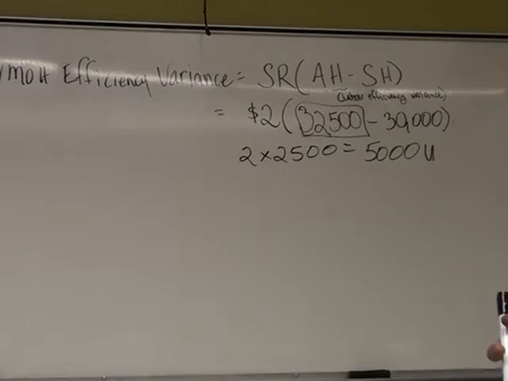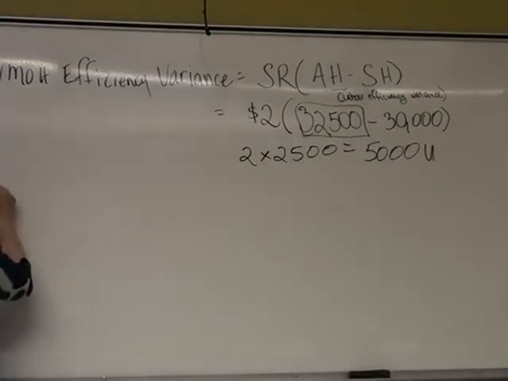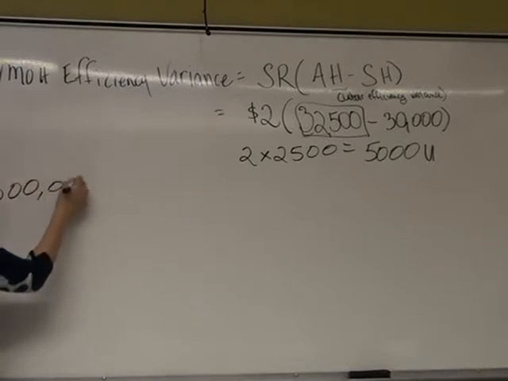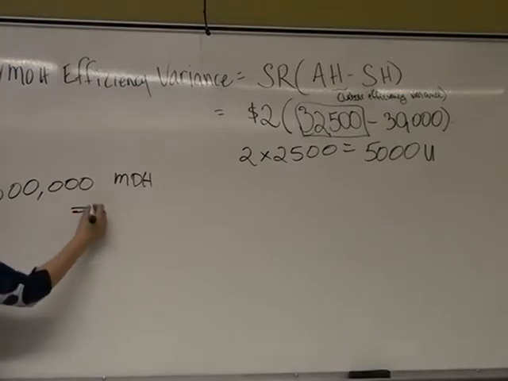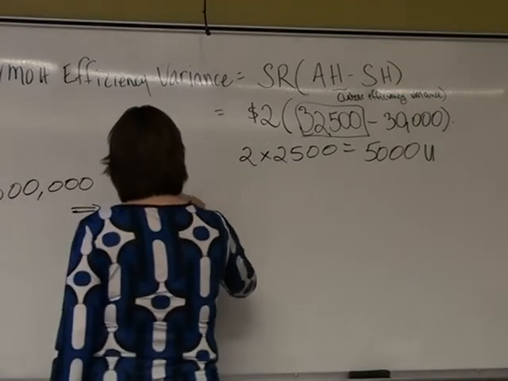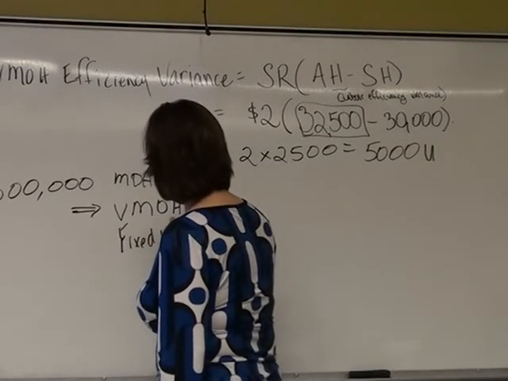And the fixed overhead, what is this one called? Volume variance, is just the difference between what was applied and what was budgeted, right? Because when we talked about that $500,000 of overhead, there's going to be a variable portion of that, and there's going to be a fixed portion of that, right?